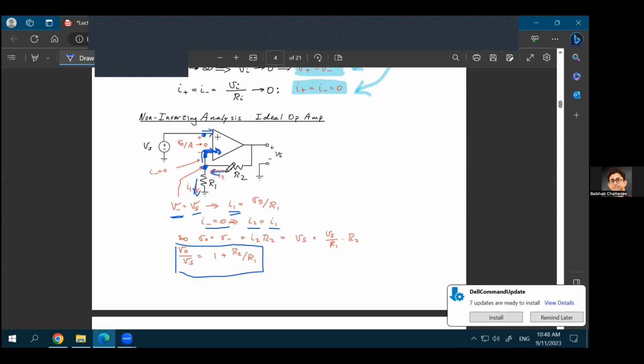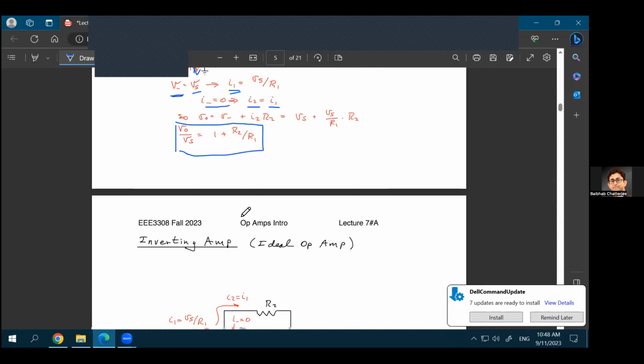So all the current flowing through the R2 resistor will be flowing through the R1 resistor as well. And you just solve those current and voltage equations to come up with this V0 over Vs, which will be equal to 1 plus R2 over R1. So that's the general formula for an ideal op-amp in non-inverting configuration.